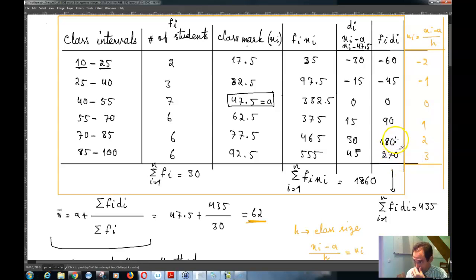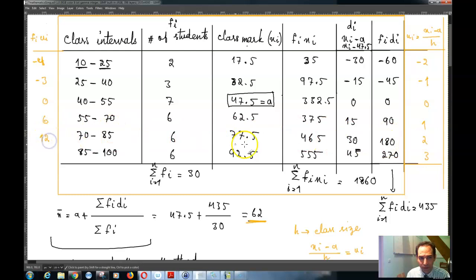Then I can calculate each of these u of i's times the frequency. So I can write f of i times u of i over here. That gives me 2 times negative 2 is negative 4. 3 times negative 1 is negative 3. 7 times 0 is 0. 6 times 1 is 6. 6 times 2 is 12.